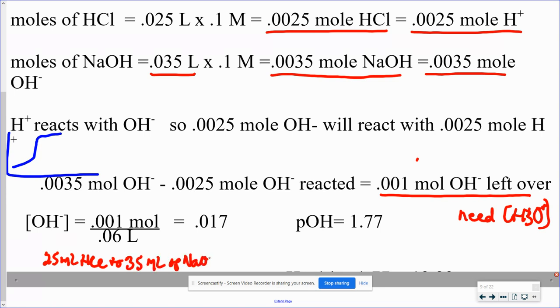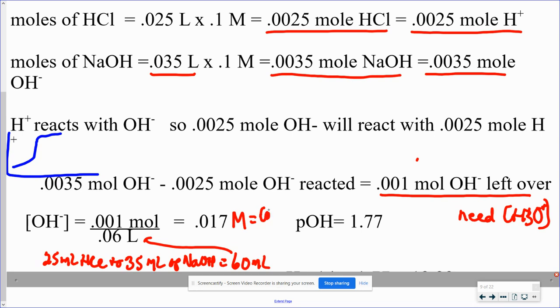Well, I added the NaOH to the HCl, but either way, I had 25 of that one, 35 of that one. So there were 60 milliliters added together. So my new volume is 0.06 liters.